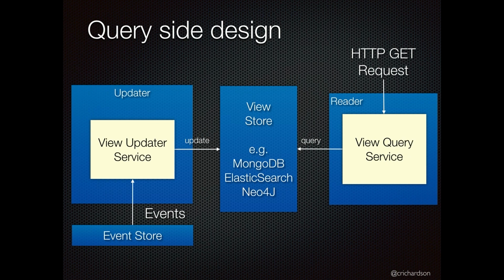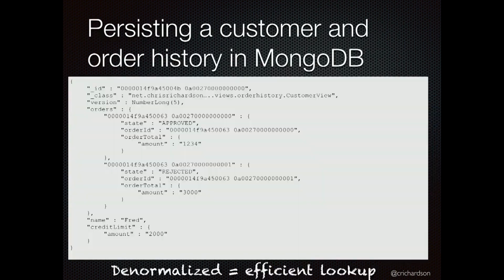So the big idea is you maintain a denormalized representation of the data, also known as a materialized view, that can be queried efficiently in order to handle HTTP requests. In the example code that I have in my GitHub repo, the way I actually store a customer and their recent orders is using MongoDB.